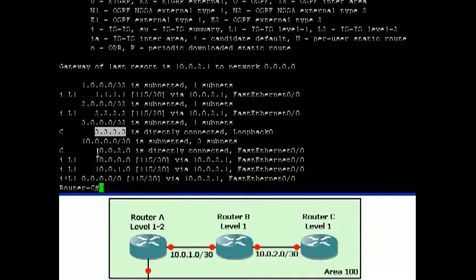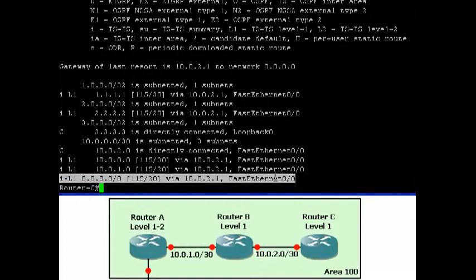Also, we can see that router C knows about the physical networks of the routers A, B, and C. It also has the default gateway heading to router A, which is a Level 1, Level 2 router.